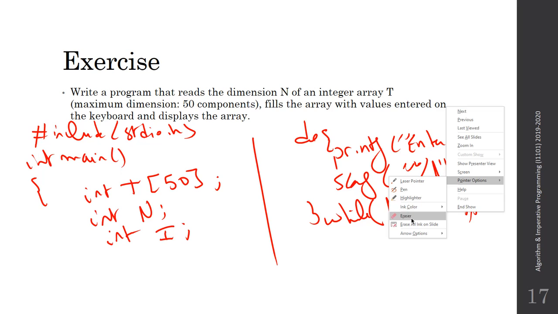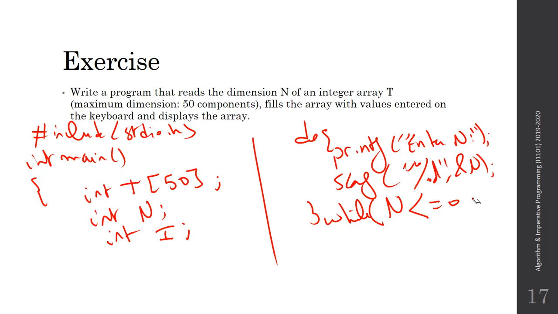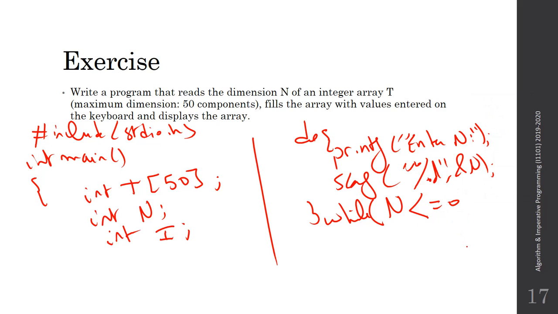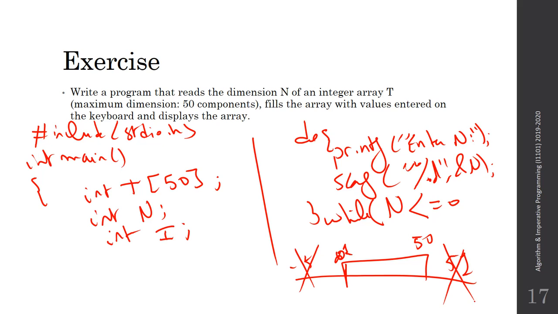We need to not just repeat the entry of n when n is less than 0. n should be between 1 and 50. If the user enters less than 1, for example -5, we should reject this option. And if the user enters 51, we should also reject this option.